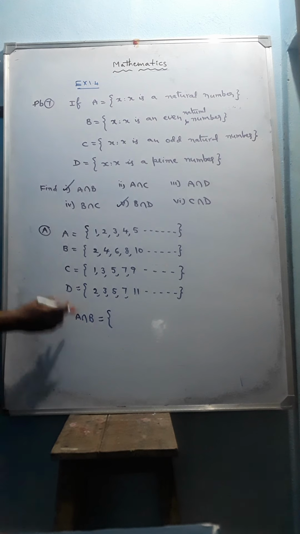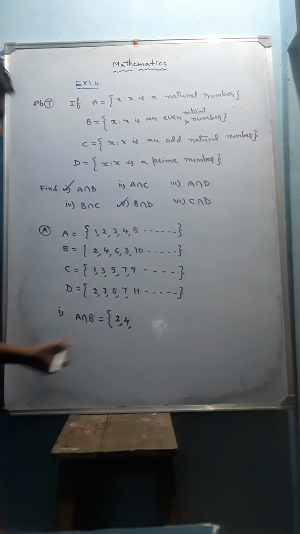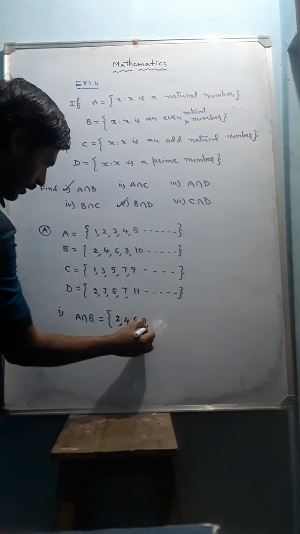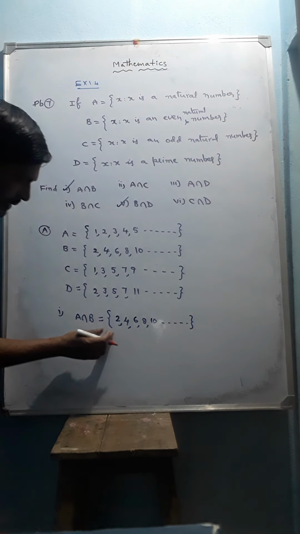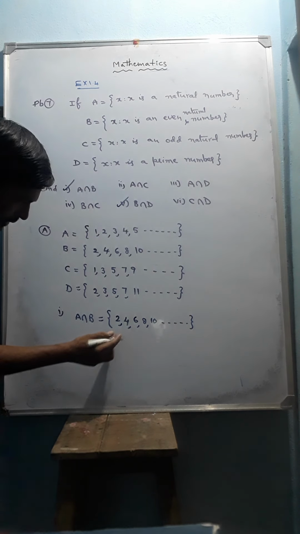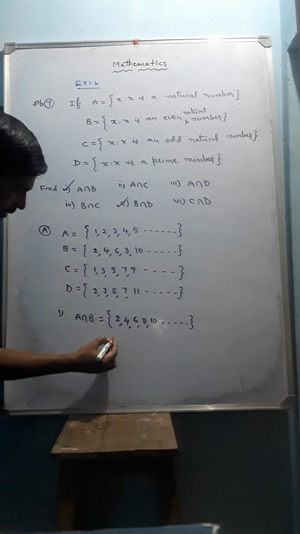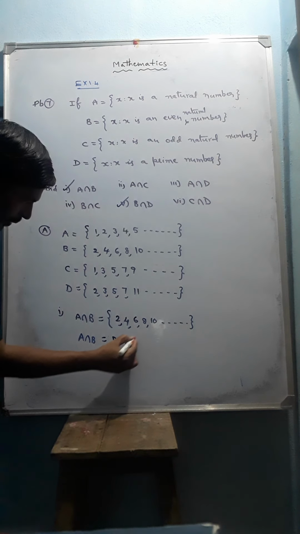So which are common in A comma B? So 2 common, next 4 common, okay, so 6, 8, 10 are common here and so on. That means 2, 4, 6, 8, 10 set is equal to B set. So A intersection B is equal to B is the answer.